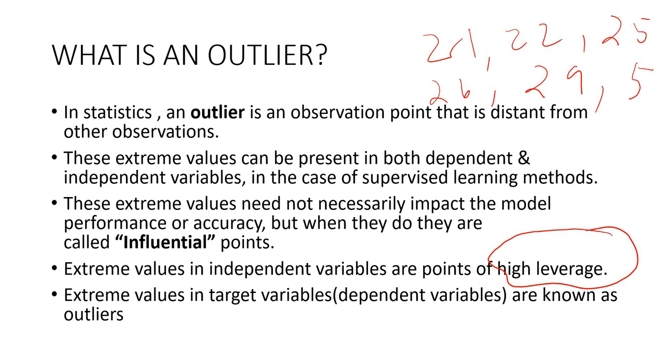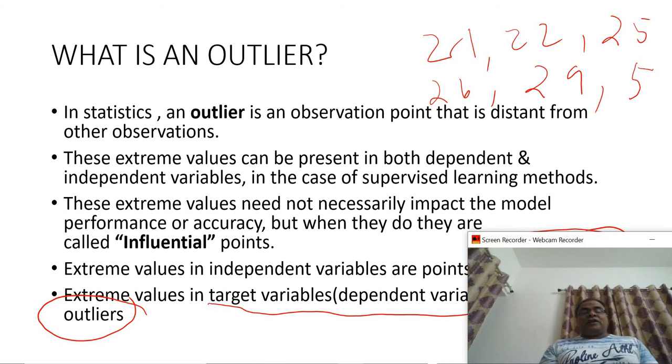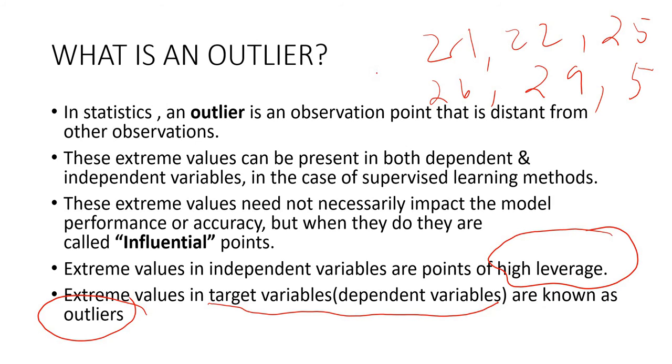If these extreme values are present in dependent variables or target variables, they are known as outliers.